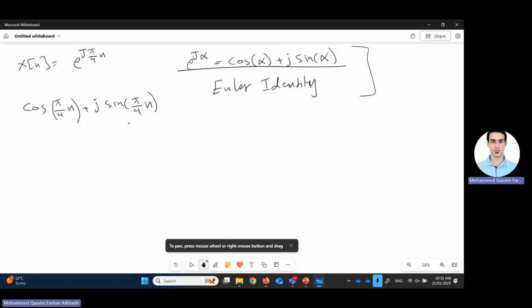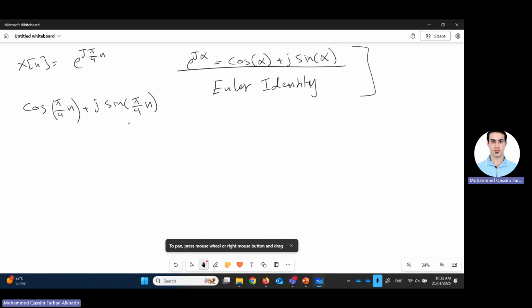Why? Because both of them are periodic, so if we find the result for one, it should be the same for the other.